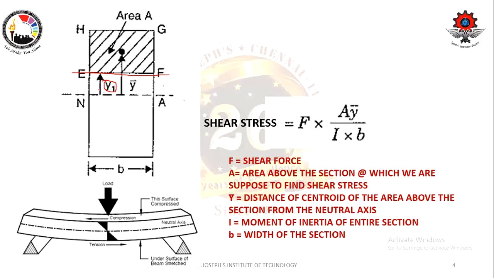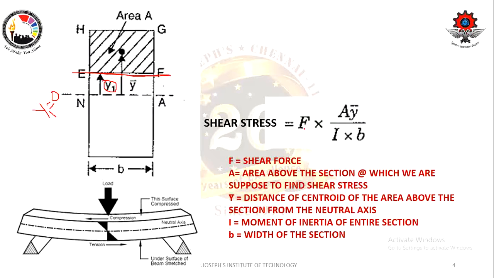At the neutral axis, y1 is 0. From the neutral axis, it keeps on increasing up to the end of this layer. So at a particular distance of y1 from the neutral axis, we are going to find out the shear stress.